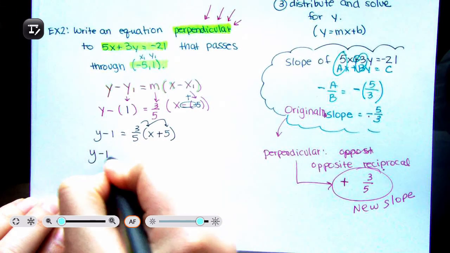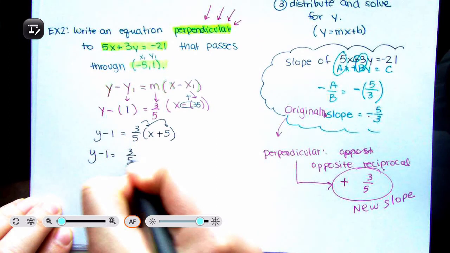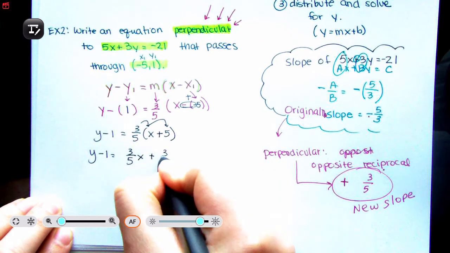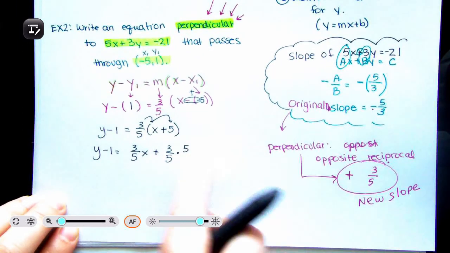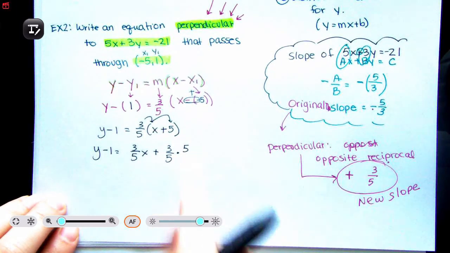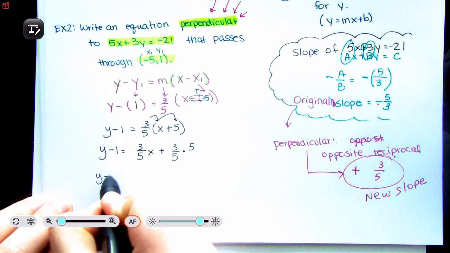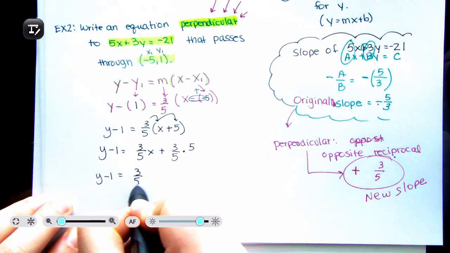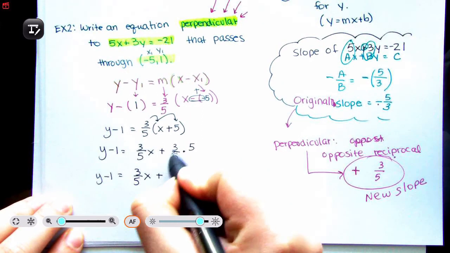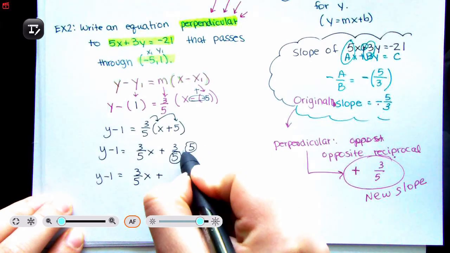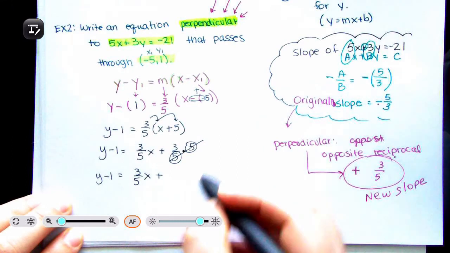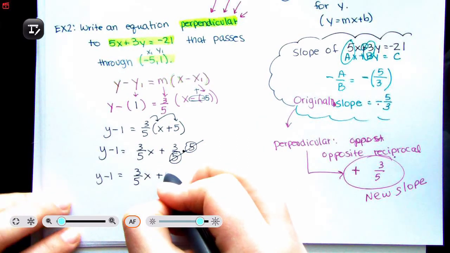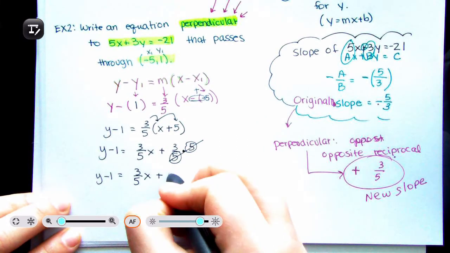Y minus 1 is equal to 3/5 x plus 3/5 times 5. Remember, if it's a whole number, make sure you write it in the form of being on top. So y minus 1 is equal to 3/5 x plus, notice how you have a 5 on the bottom, 5 on top, and you're multiplying, these cancel out. And you have plus 3.